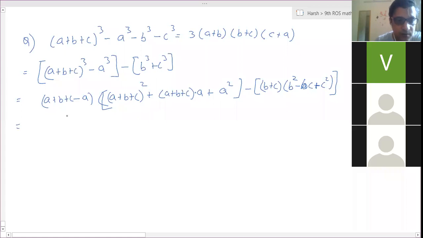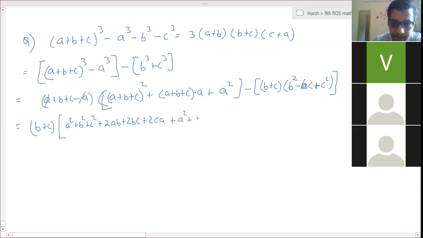Yes, Srinidhi. So now we can expand the brackets. A plus B plus C minus A, should I cancel this? Yes, you can cancel. Now B plus C into A square plus B square plus C square plus 2AB plus 2BC plus 2CA, plus A square plus AB plus AC plus A square.